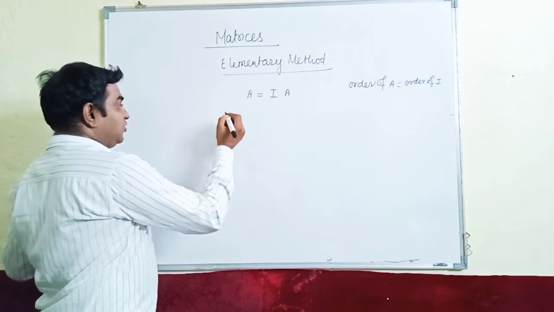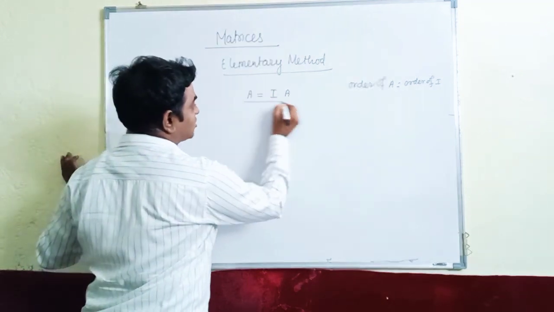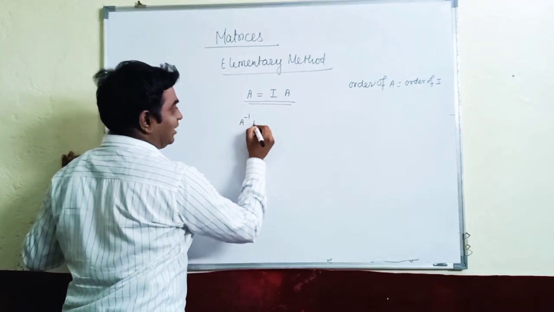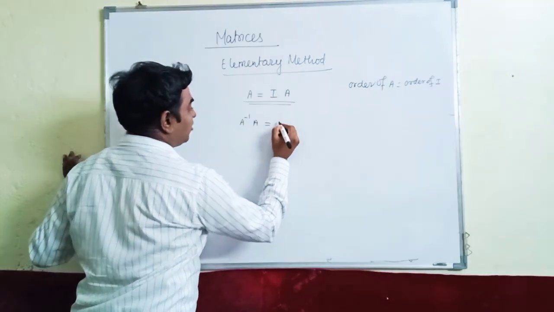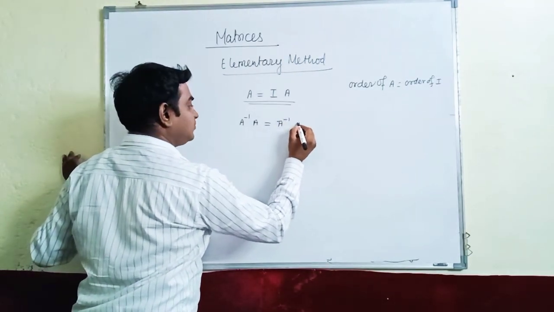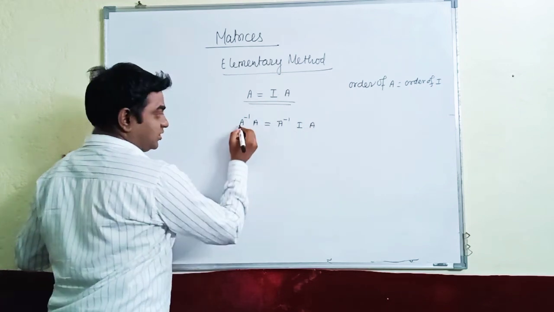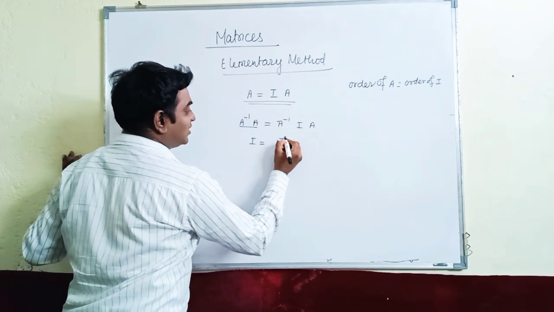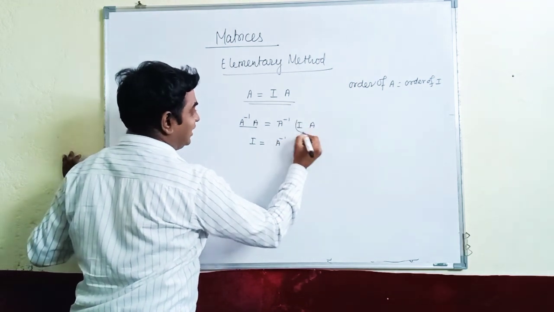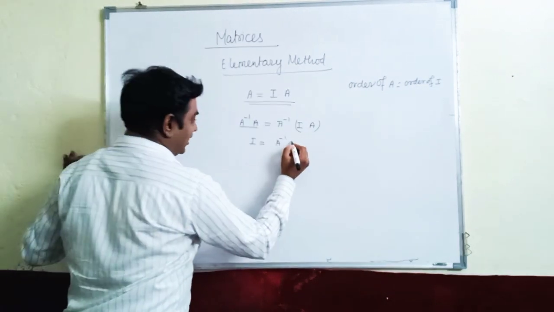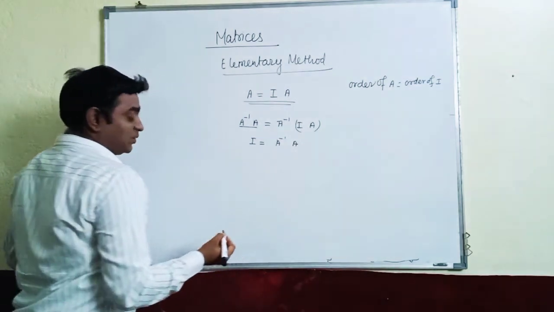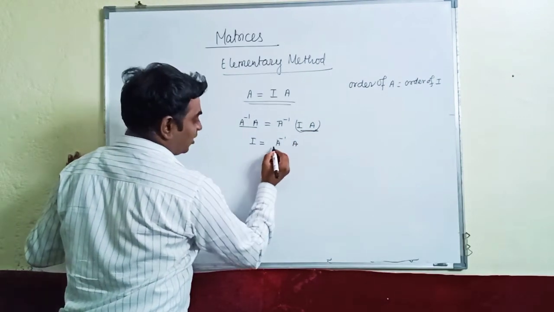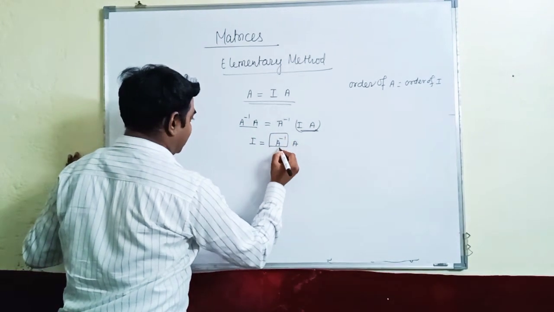But if you multiply with A inverse on both sides, A inverse into I becomes A inverse, and A inverse into A becomes the identity matrix. So I into A becomes A only, and this becomes A inverse.